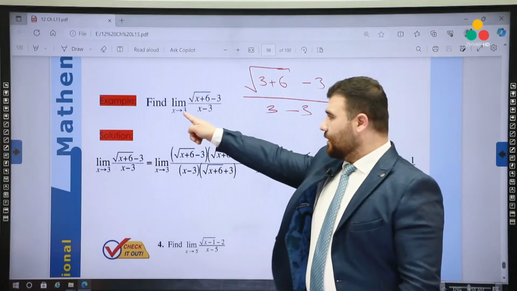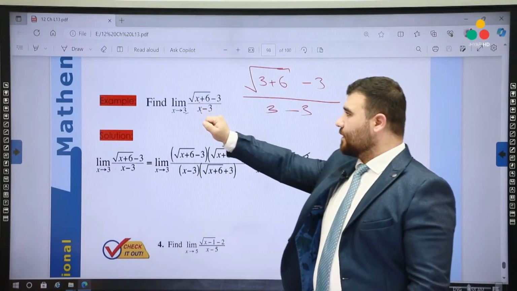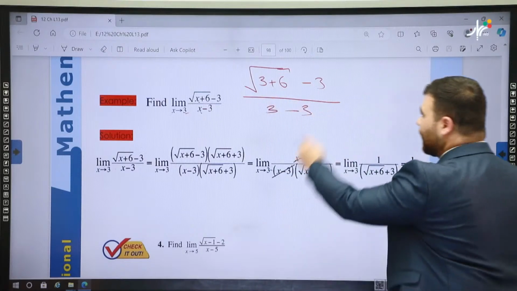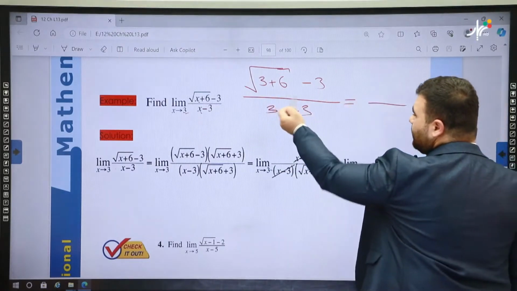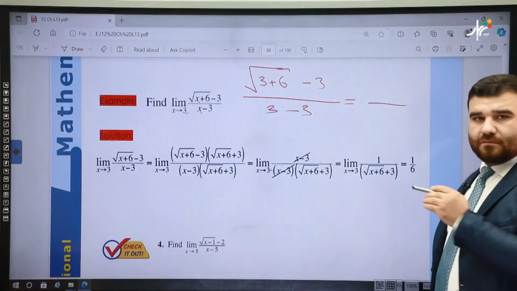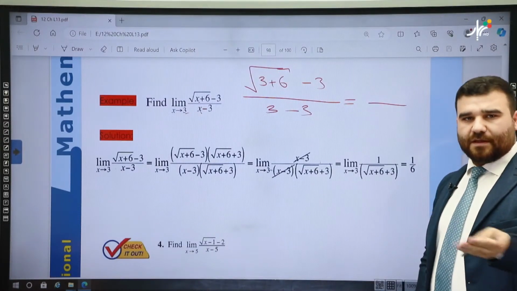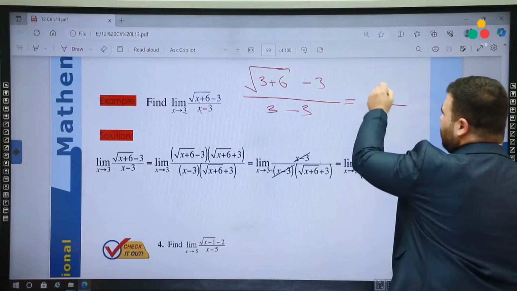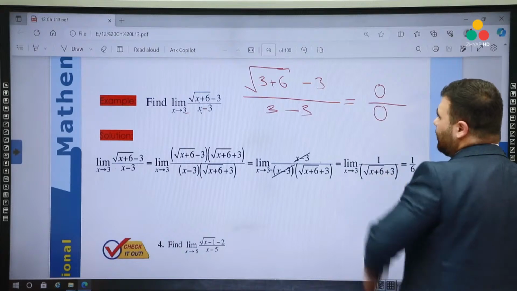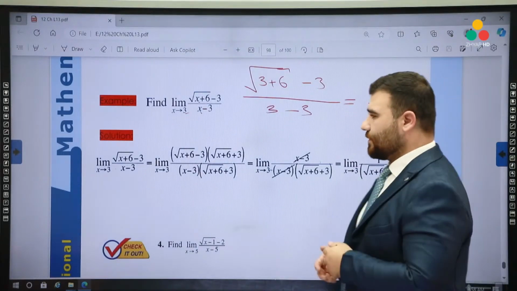I only put 3 in place of this x and this x. 3 plus 6 is 9. Square root 9 is 3. 3 minus 3, that's 0. And this one is 3 minus 3. Then this is 0 over 0.